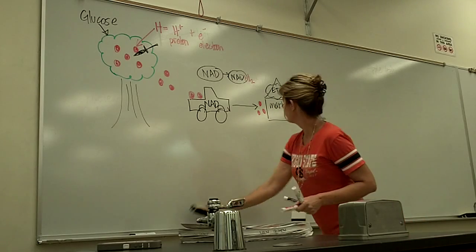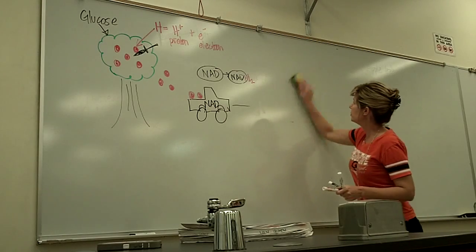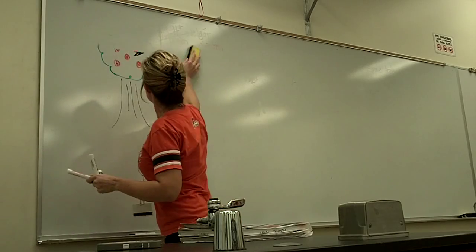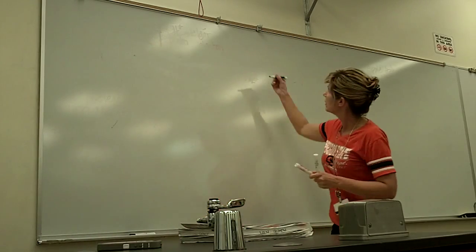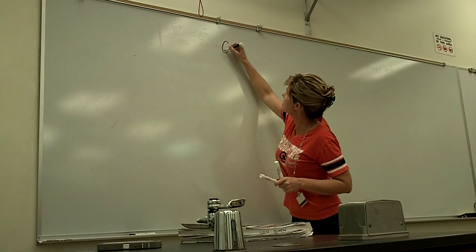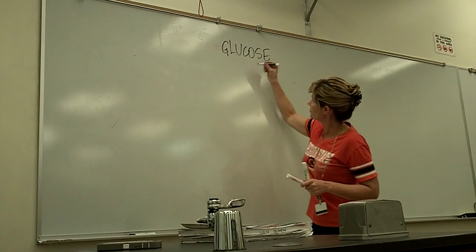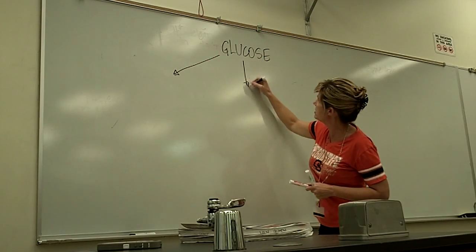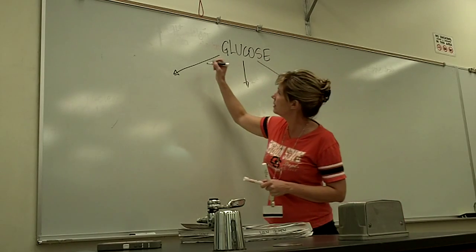Memorized, good. Then we're going to erase that beautiful artwork. And pretend, what if we did start with 1 molecule of glucose? There are 3 major pathways that can break down glucose.